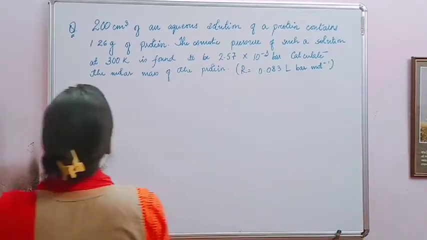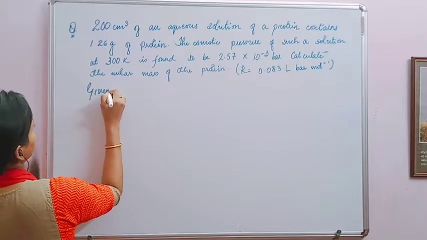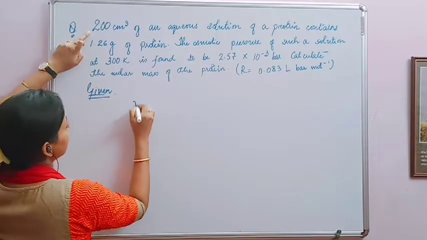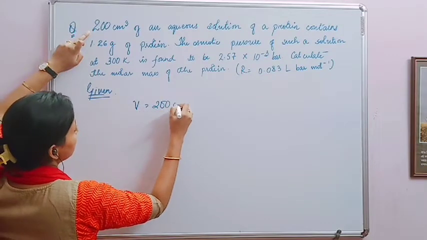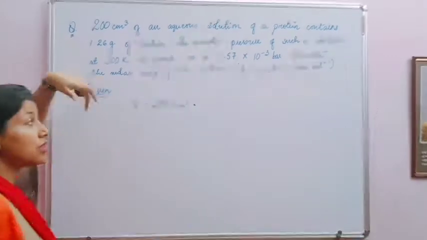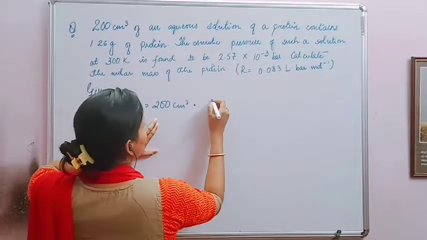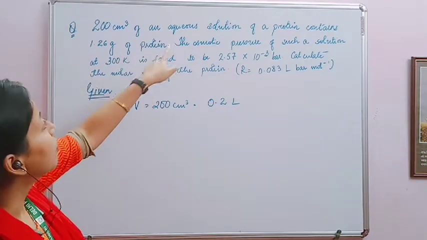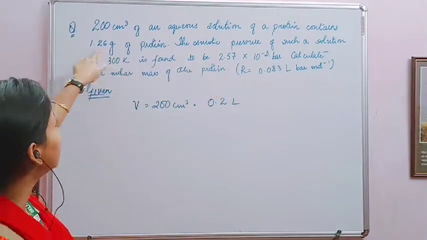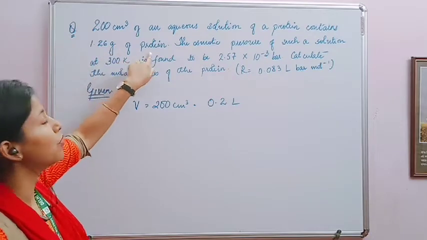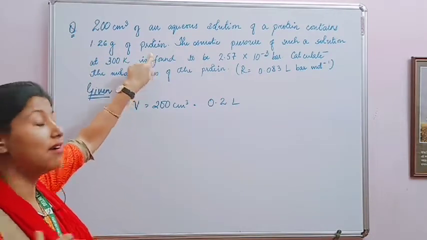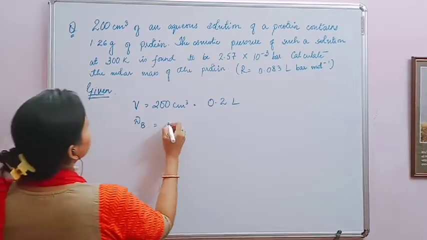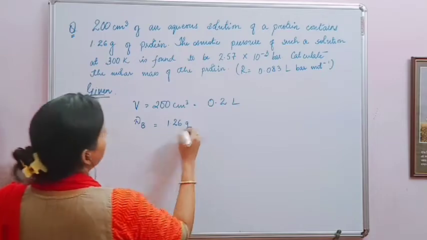Let's write the given first. Given: 200 centimeter cube. So this is the volume. Immediately we'll convert it into liters. So 200 centimeter cube will be 0.2 liters. Of an aqueous solution of a protein contains 1.26 gram of protein. This is our given mass, that means of the solute, WB, 1.26 gram.